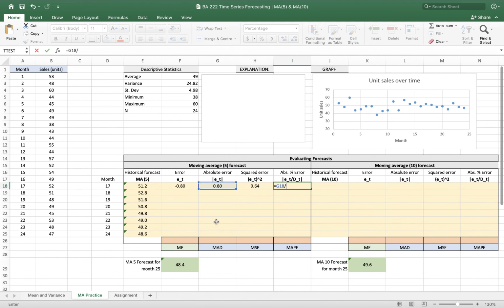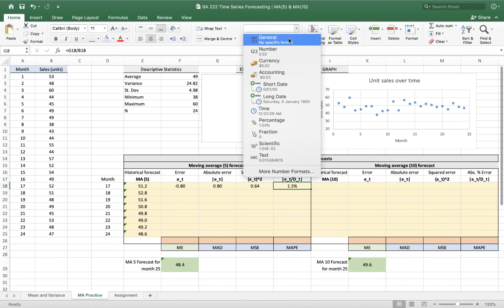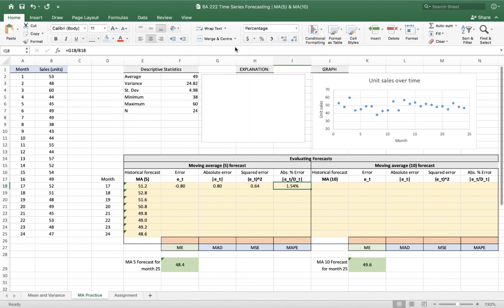Doesn't matter if we were over or under, just that we were off by 0.8 on a real demand of 52 units. So we were off by 1.5%. If you're not getting your numbers like these, percentage, you can come up from the drop-down menu and choose percentage. I'm going to restrict it to 1 decimal, or you can use this percentage button.